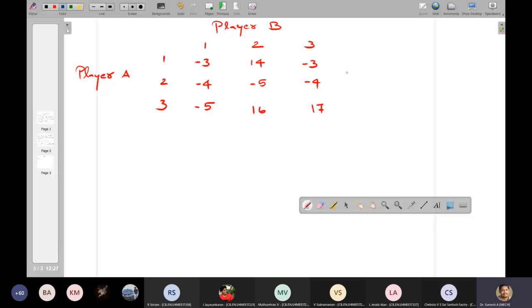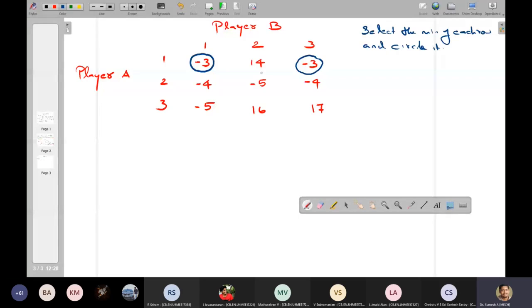The minimum in the first row is -3. In the second row, it is -5.